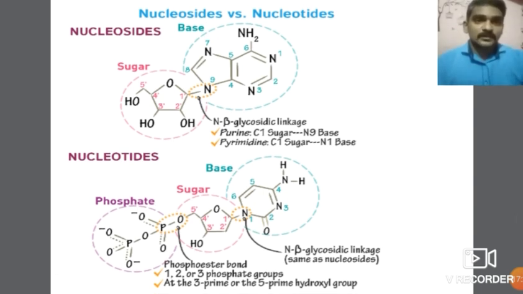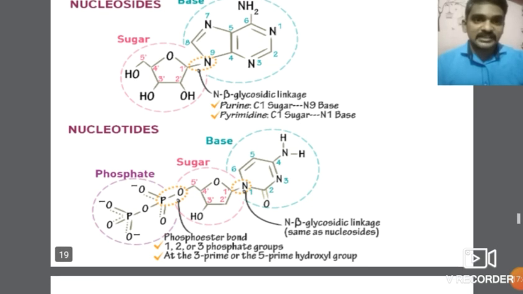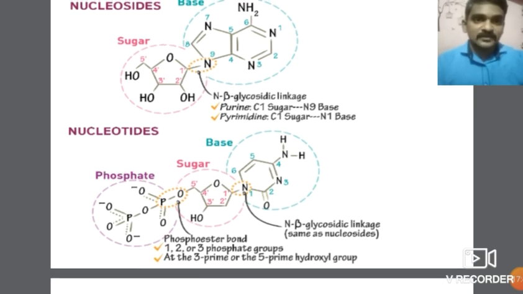See here, the glycosidic linkage is present between the nitrogen base and sugar in the first nucleoside you can see there, that orange colored dotted circle. Whereas at the bottom you can see clearly, between the sugar and phosphate you can find the phosphoester bond.